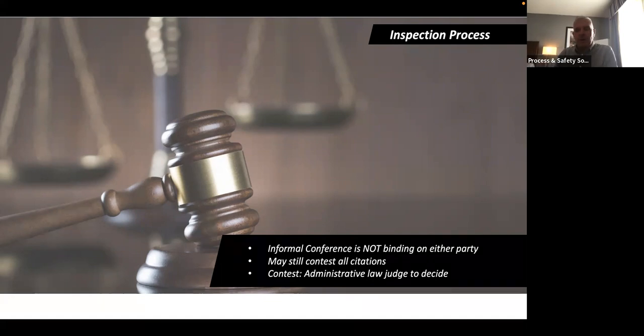If they decide against you in that particular case, then you have another appeal, and that goes to the circuit court to decide. And of course, you can take it all the way to the Supreme Court if you want.